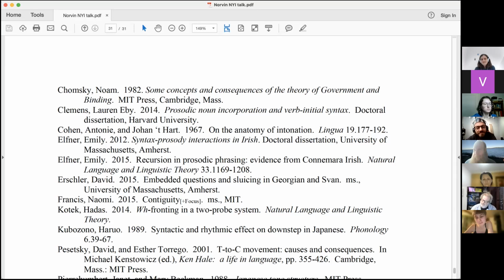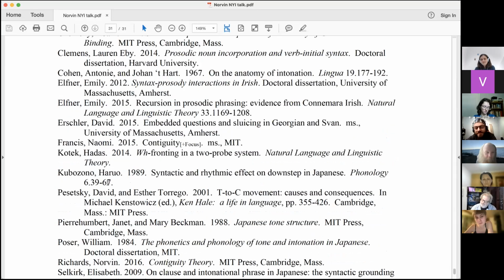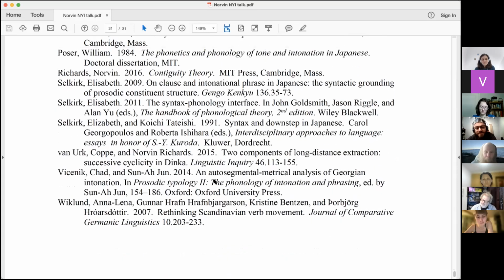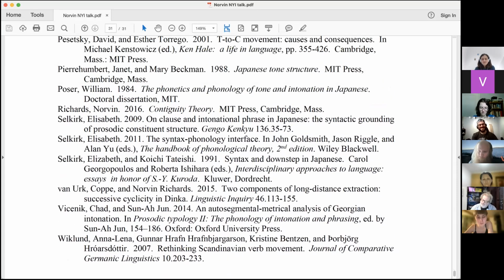There's a really nice body of work, which I can't remember whether I cited here. No, I didn't. It's by Hisao Tokizaki and his colleagues, in which he takes a stab at developing a phonological version of a head direction parameter.